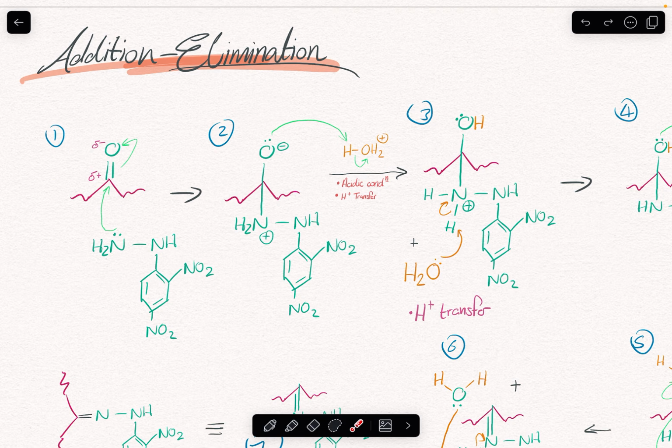Now, with each of these steps, the key thing that you need to note is that nitrogen, if it has 4 bonds, it is plus. If oxygen has 1 bond, it is negative.